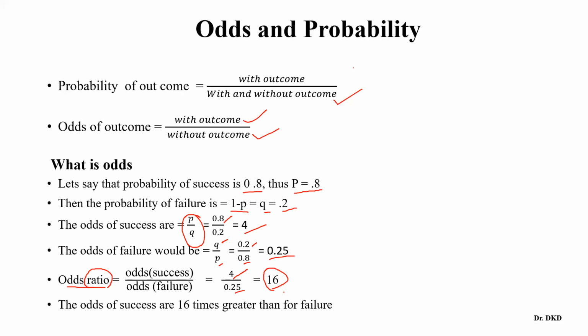The meaning of 16 is that the odds of success are 16 times greater than for failure. This means that once we perform any experiment, the chance of success is 16 times greater in comparison to failure. This is the meaning of the odds ratio.